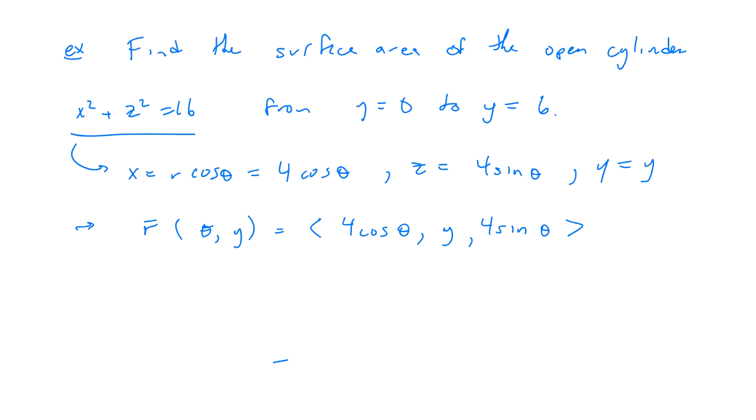And since we're doing the full cylinder, our margins are theta goes from 0 to 2 pi. It's all the way around. And y is from 0 to 6. So that last one is supposed to be 0 is less than or equal to y, less than or equal to 6.